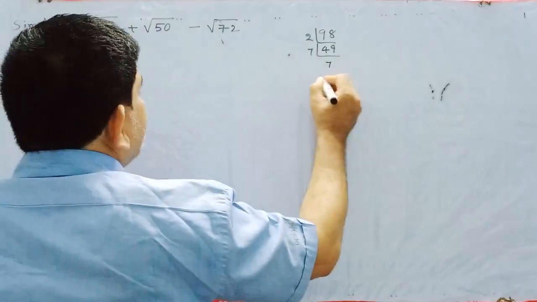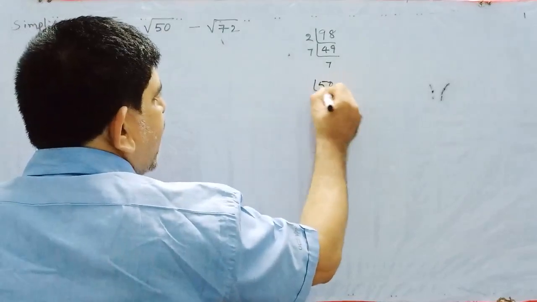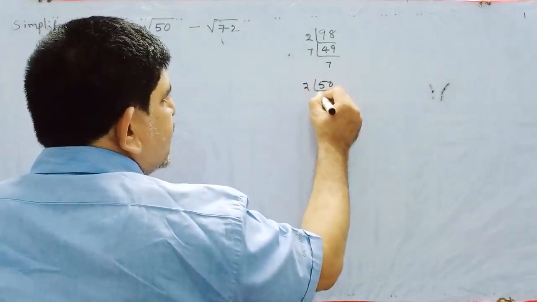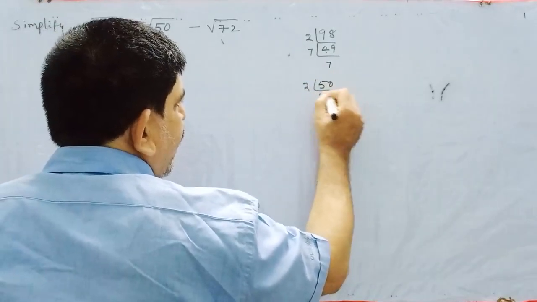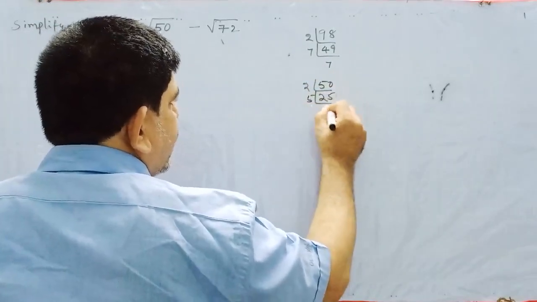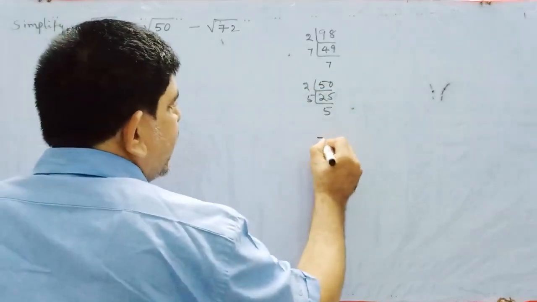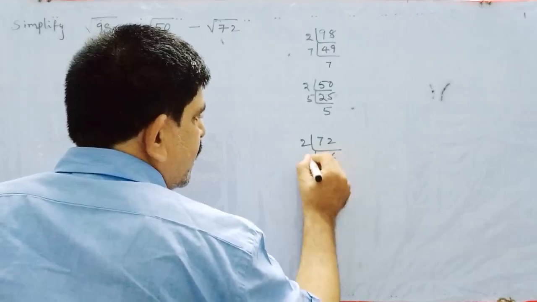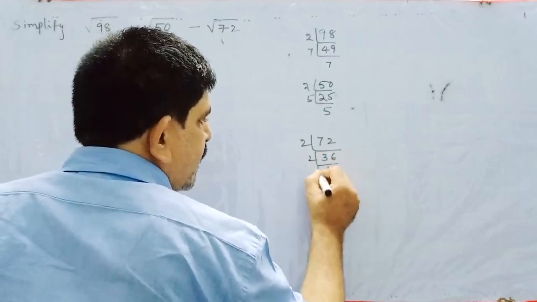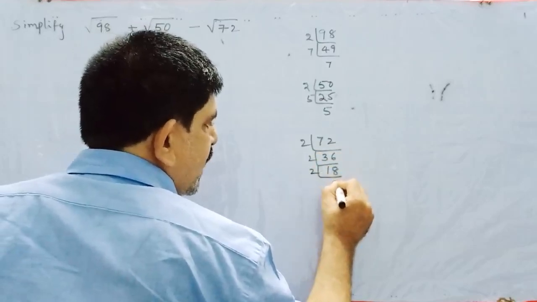Next one root 50. So 50 can be written as 2 25s are, 5 5s are. Next one 72 can be written as 2 3s are, 2 6s are, 2 18s are, 2 9s are, 3 3s are.